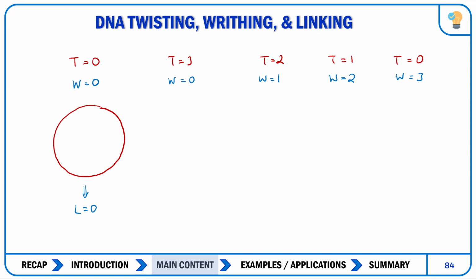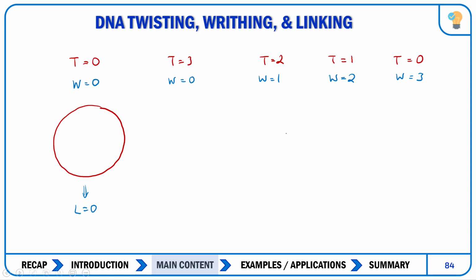But now we should probably figure out what all this twisting and writhing is about. Twist basically has to do with how squiggly those lines get. So basically how intertwined your DNA is just by itself within its strand.